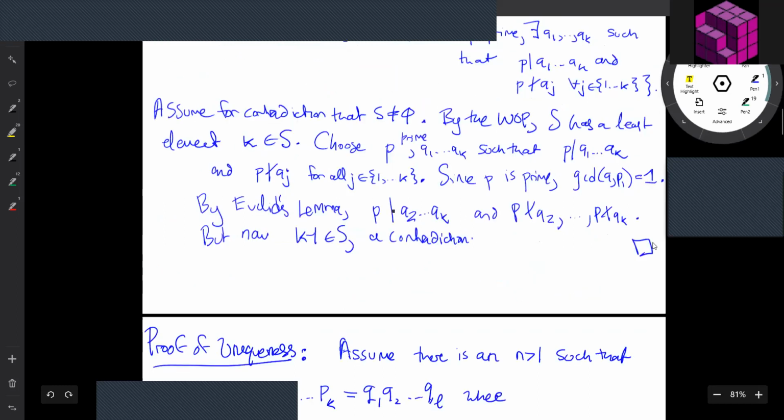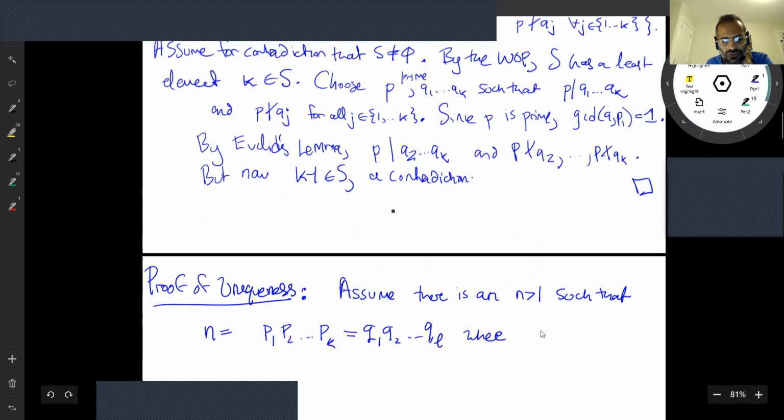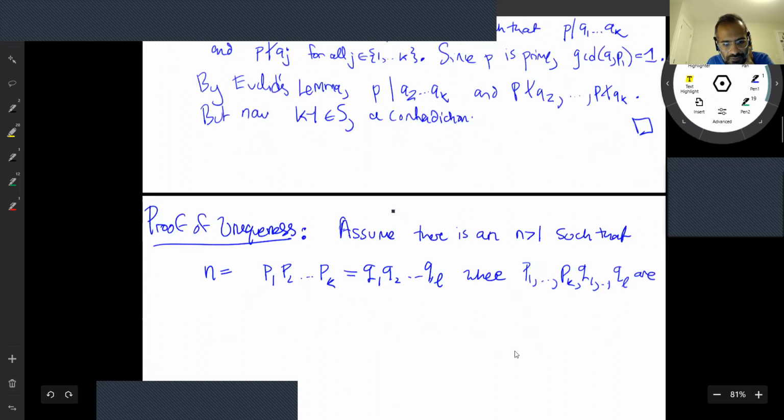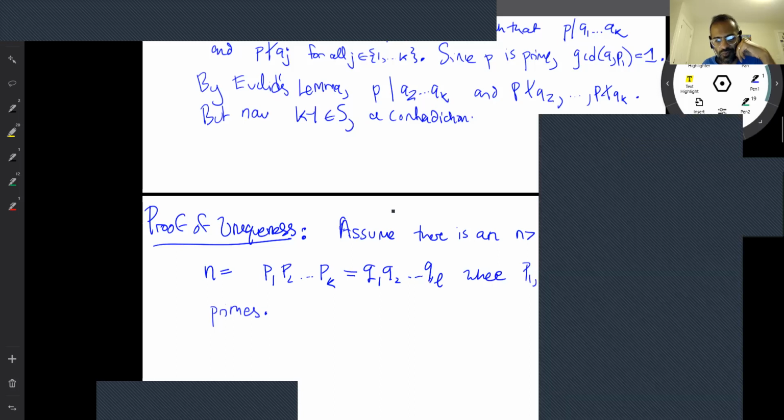Thanks. Yep. So assume there's a number that has 2 prime factorizations, where p1 through pk and q1 through ql are primes. Now I'm going to do something that we did in the original irrationality proof. If I have a prime factorization like this, what happens if I have a number that appears on both sides?